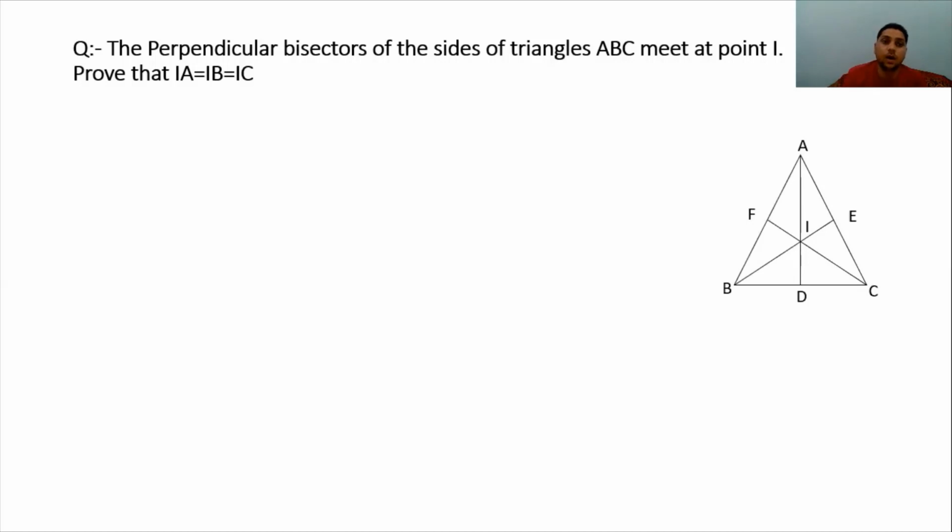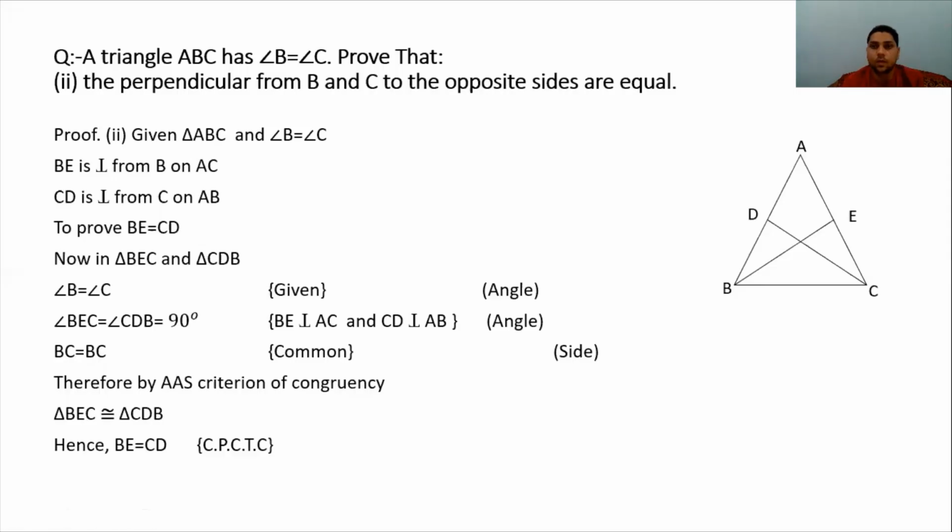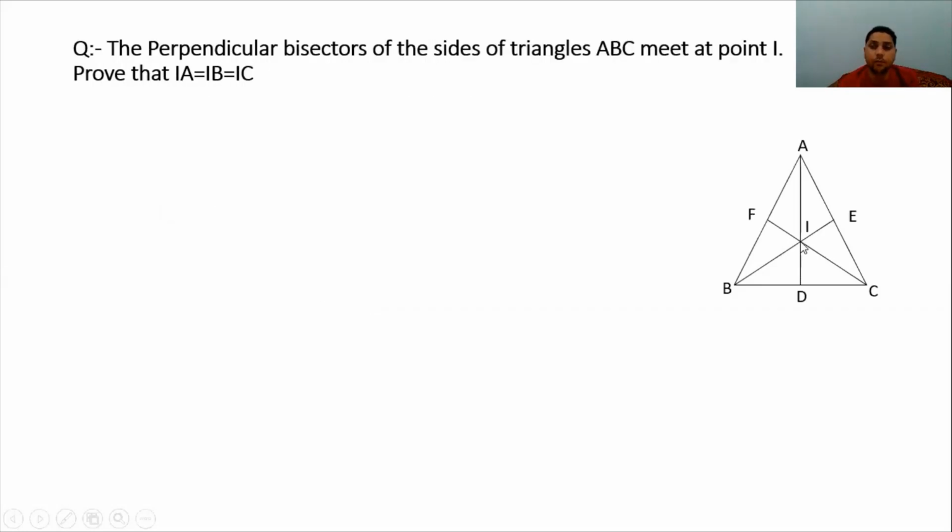What we have to prove is that these perpendicular bisectors meet at a common point I, and that the distance from I to each vertex, that is IA, IB and IC, is equal.